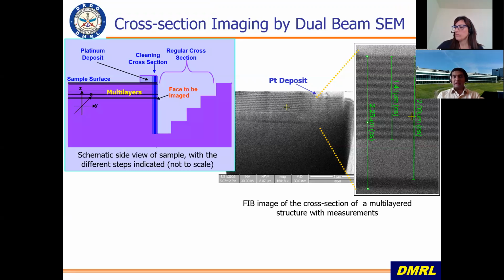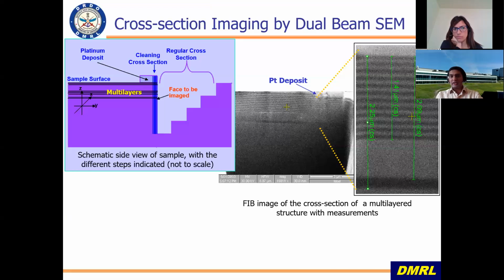Using that, essentially we can mill, or rather dig into the surface, and then image the surface, so we can directly image the cross section and its features.